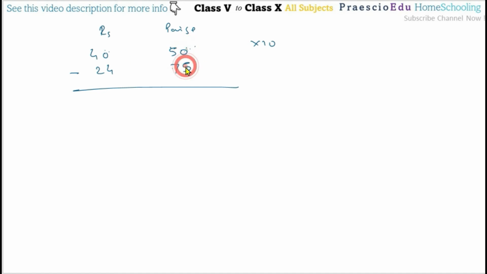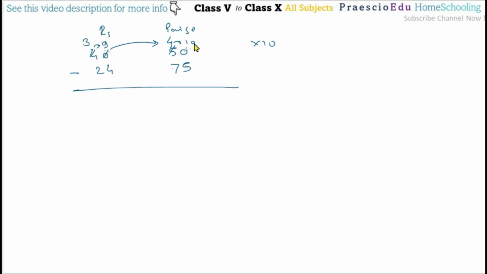So 0 minus 5 is not possible, so we will borrow 10 from here, so it will become 10, and this will reduce to 4. Then 4 minus 7 also is not possible, so we will bring the 10 from here, so it will come here, from this 4, so 4 reduced to 3.